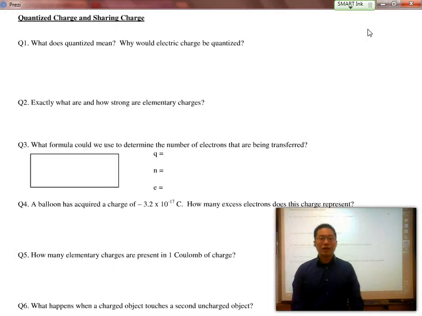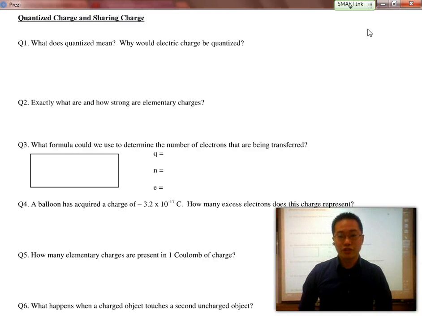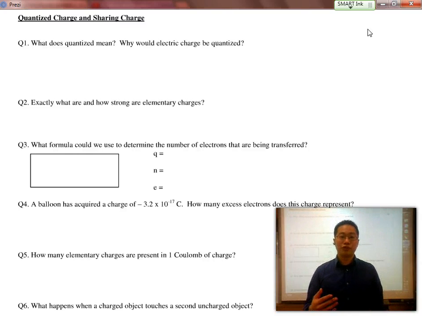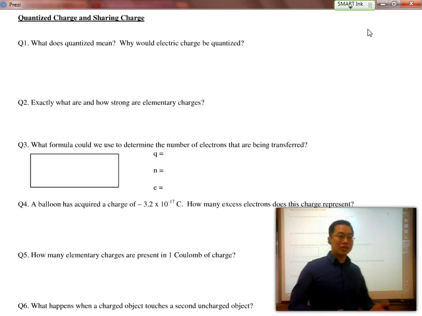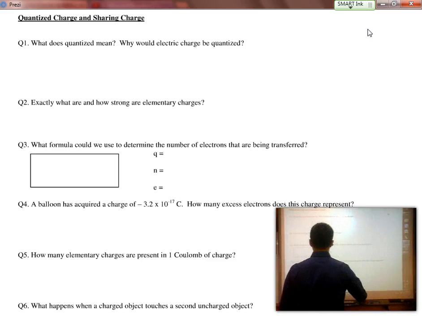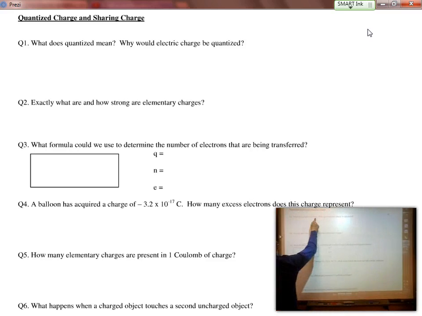Okay. Now, we've been talking about electrons and how when you gain electrons, you become negative, and when you lose electrons, you become positive. But what exactly are electrons, and what does it mean when I say that it's going to be quantized?